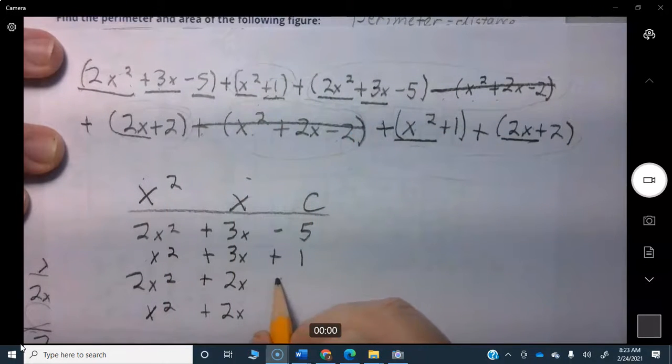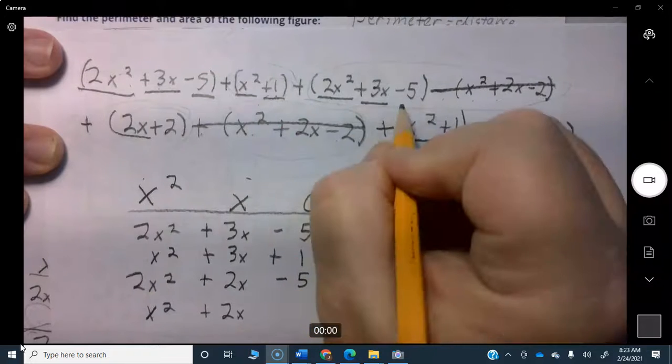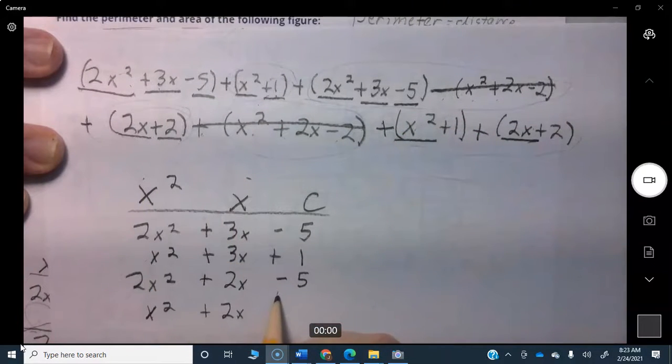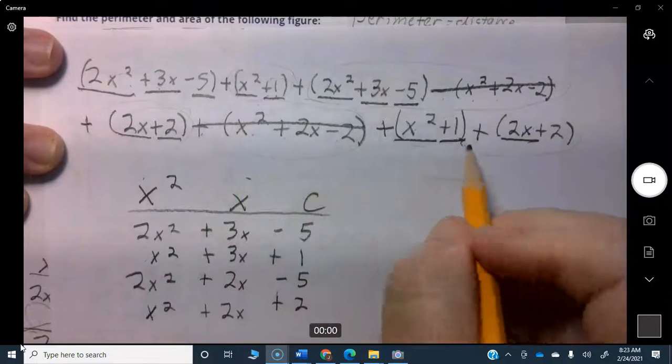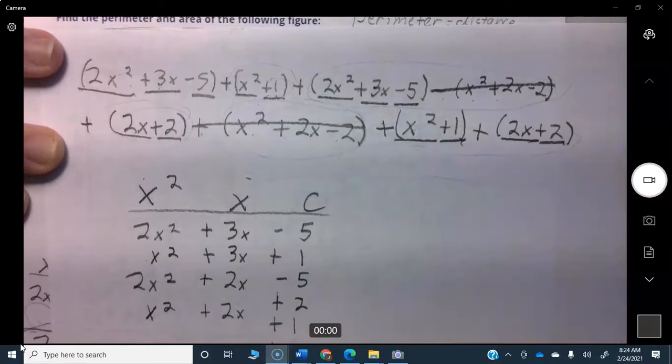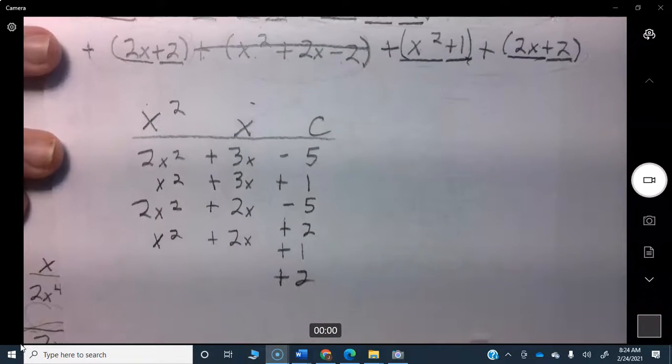There's another negative 5. There's a plus 2. There's a plus 1. And there's a plus 2. It doesn't matter that this column has more than the other two. It just happened to have more of those terms.